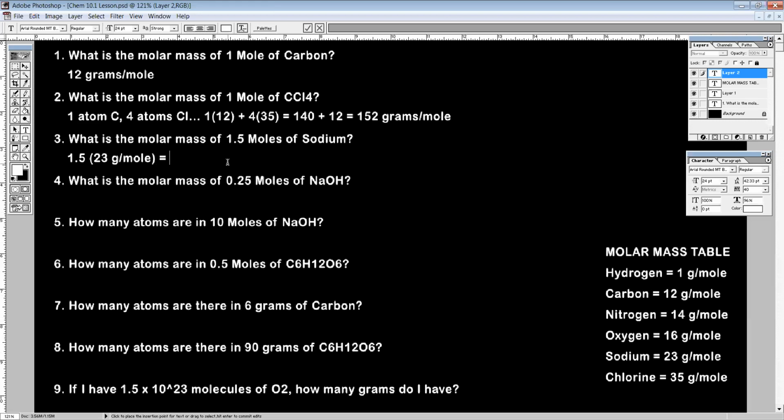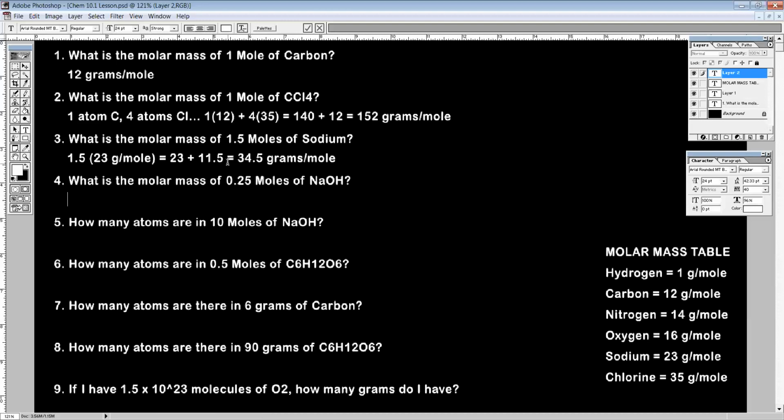And when we do that math, what do we have? We're going to have 23 plus, what's 1/2 of 23? 11.5. And so that is going to equal 34.5 grams per mole.